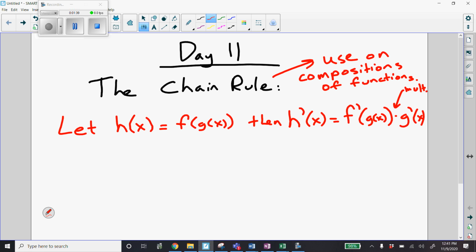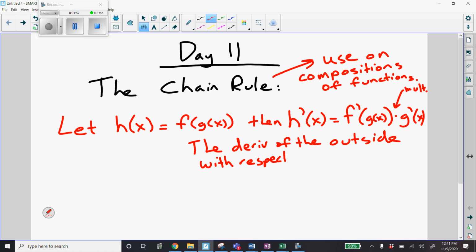So again, chain rule here, we read this as the derivative of the outside with respect to the inside times the derivative of the inside.